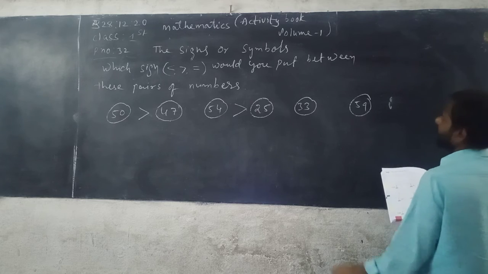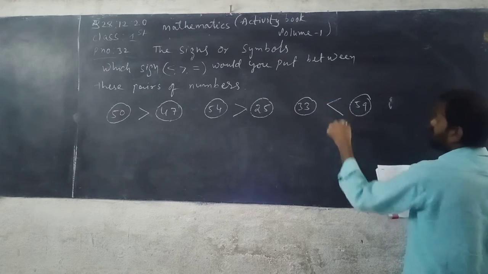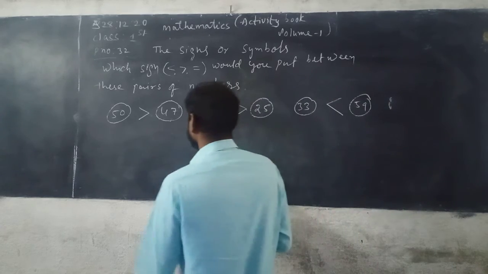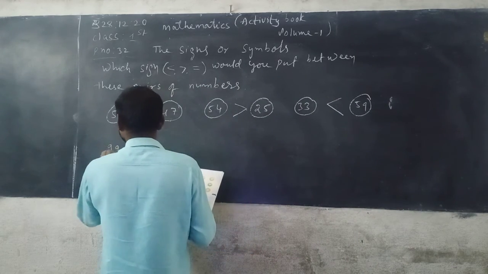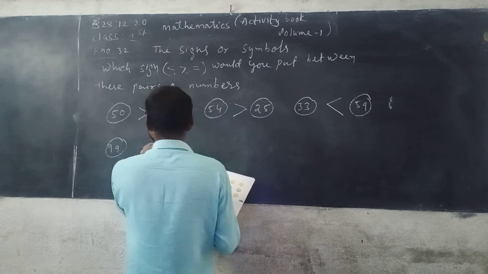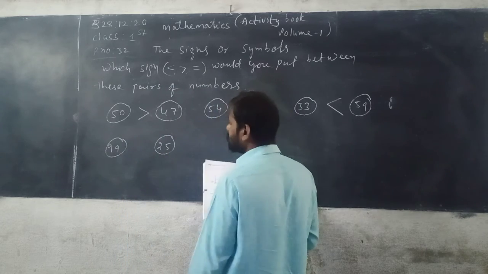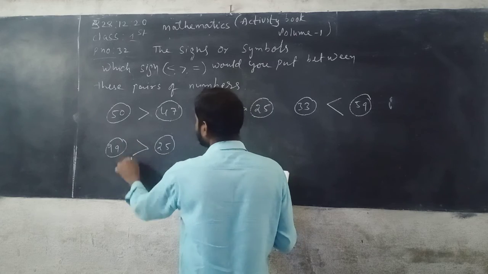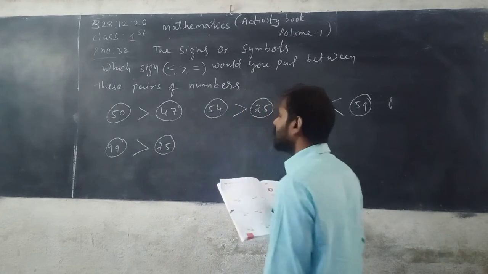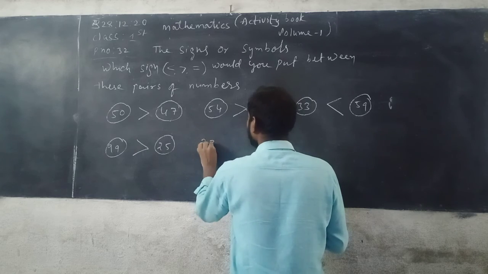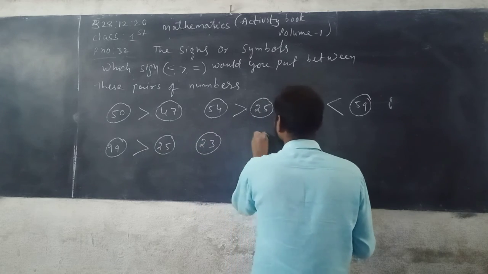Then you can use here the less than symbol. 33 is less than 59. 99 and 25. 99 is the bigger number than 25. Then you can use the greater than symbol. Then 99 is greater than 25.